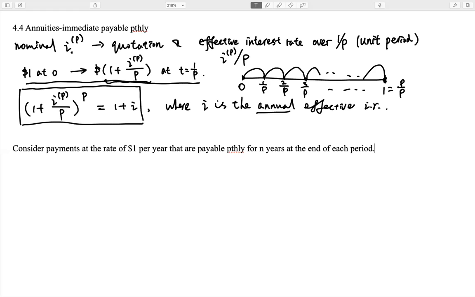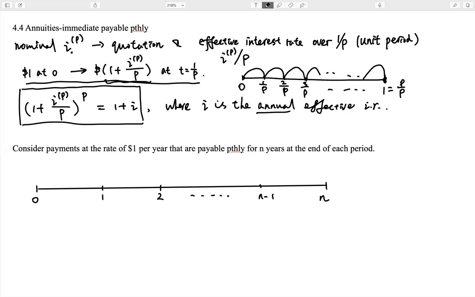So now what we have is, as usual, I always draw this timeline. I will receive some payments over the period of n years, right?